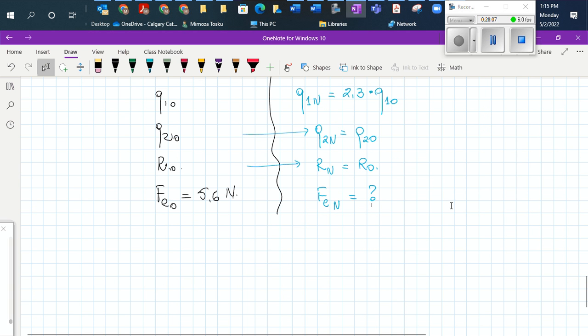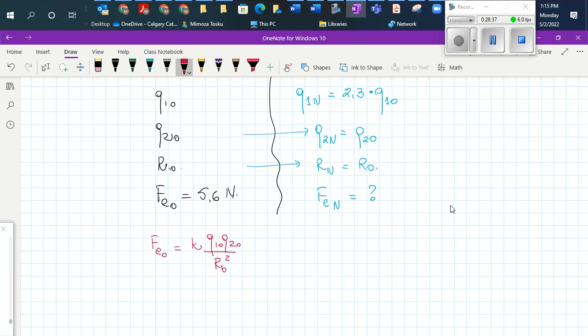Now, we will approach those questions in this way. Based on Coulomb's law, for the original situation, this 5.6 is the result of the product K, Q1 original, Q2 original over the distance original squared.